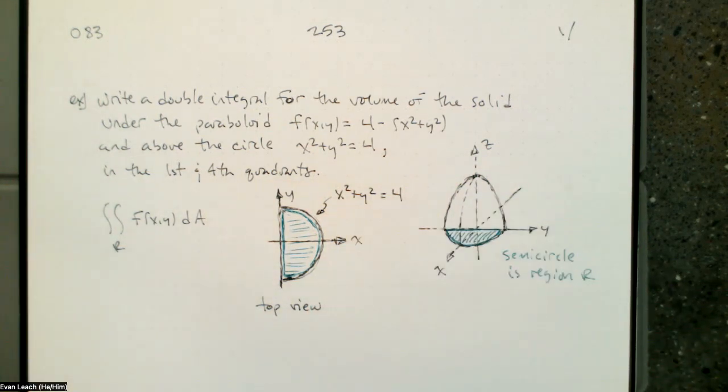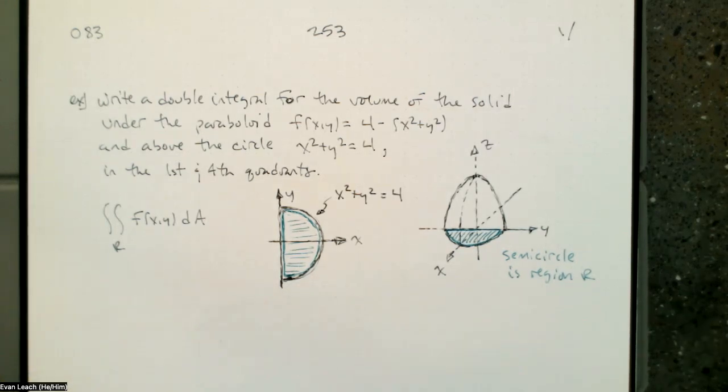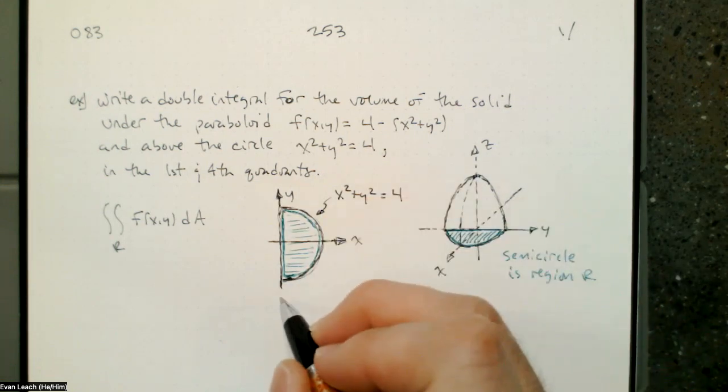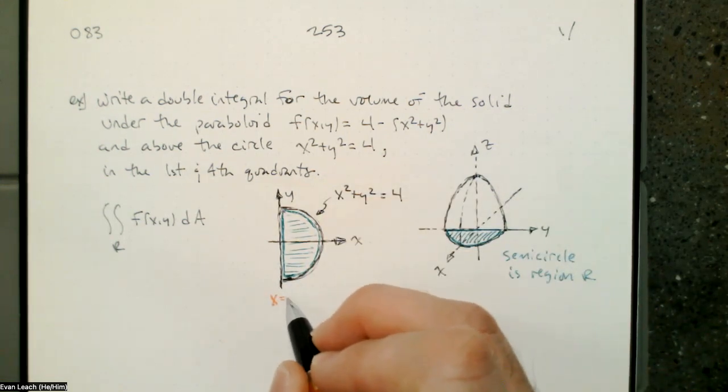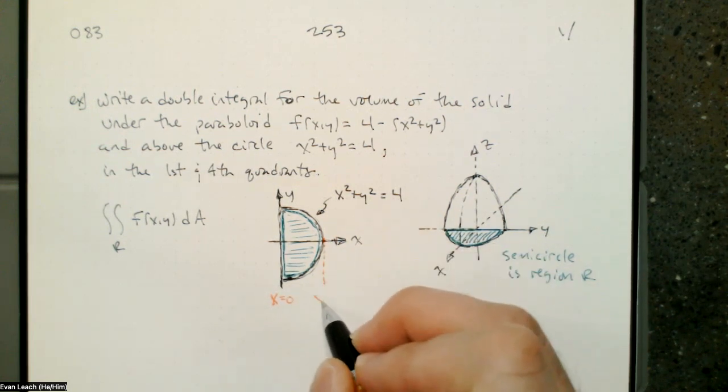So this tells us some stuff about what's going on. First of all, if we just go with the intervals that contain our x's and y's, our smallest x value is 0, and our largest x value is 2.